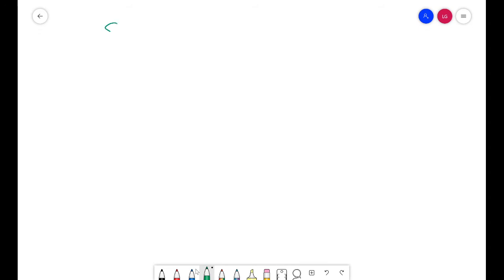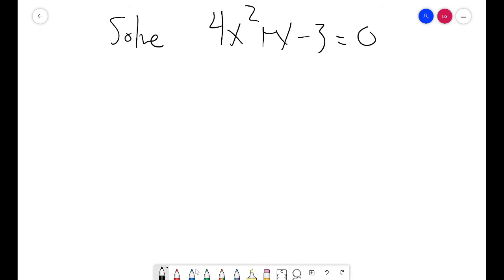Now let's take a look at solving 4x squared plus x minus 3 equals 0. You'll notice something here.